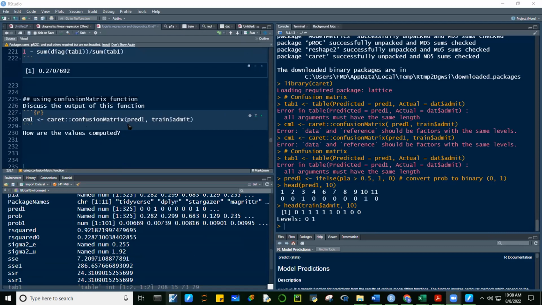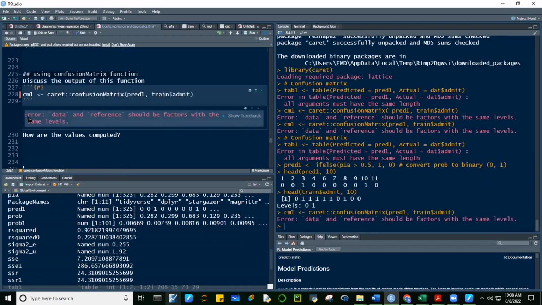Si pred1, 325 observations. Okay, ito. Error pa rin. Data and reference should be factors with the same levels. Train, admit. Same levels. Let's check.